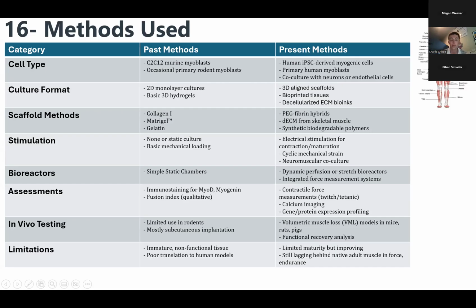So now, presently, you still have some of these issues, and it's still lagging behind a little bit. But I think the next step for this field would be to get more adult muscle cells to mimic both the endurance factor of muscles, force generation, and be able to respond to electrical stimulation as well.